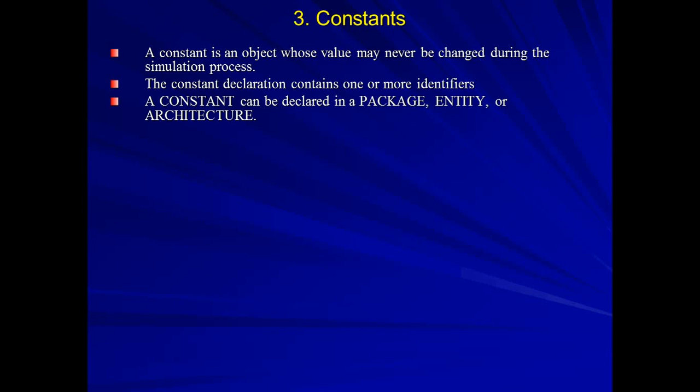The third language element, or language construct, is the constant. A constant is an object whose value may never be changed during the simulation process. This constant contains one or more identifiers. We can declare the constant inside the package, inside the entity or architecture.